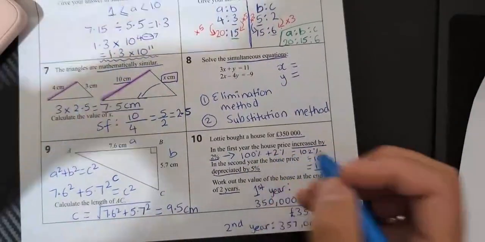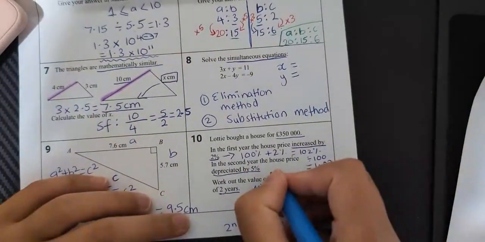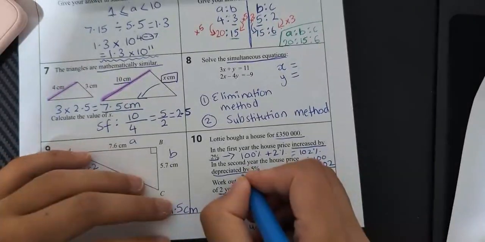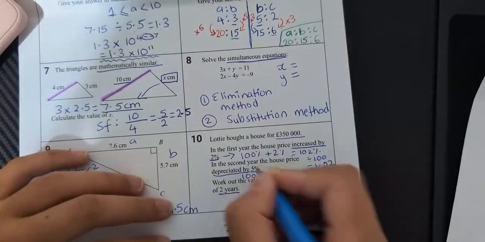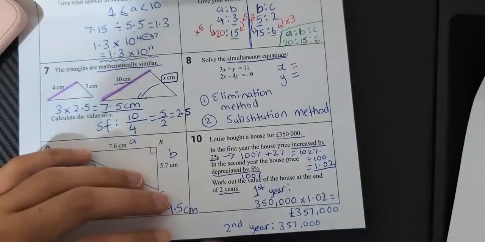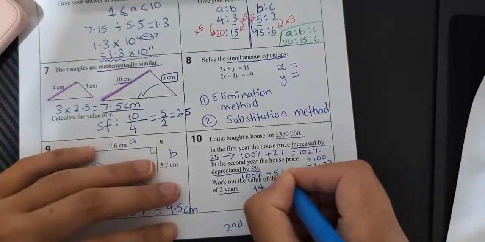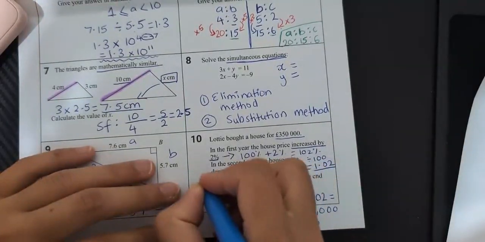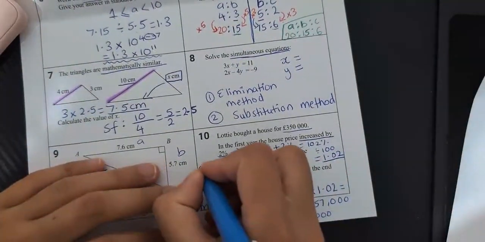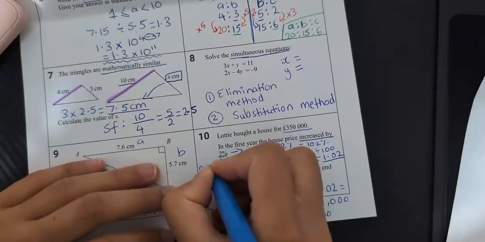1.95. Oh, not quite. As we know, all percentages are of 100%. That's my original value, 100%. If it's depreciated by 5%, I'm going to do 100% minus 5%, and therefore I will be left with 95%.